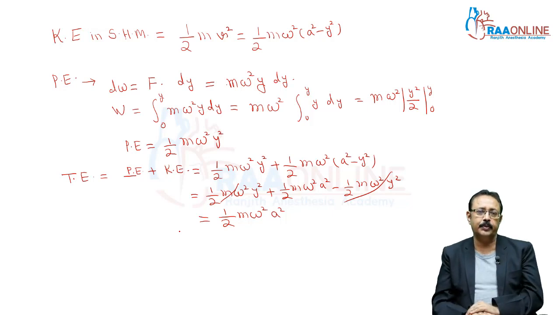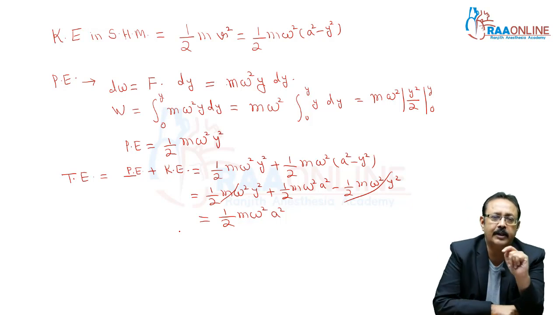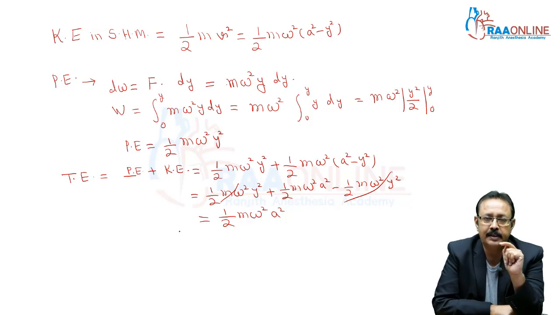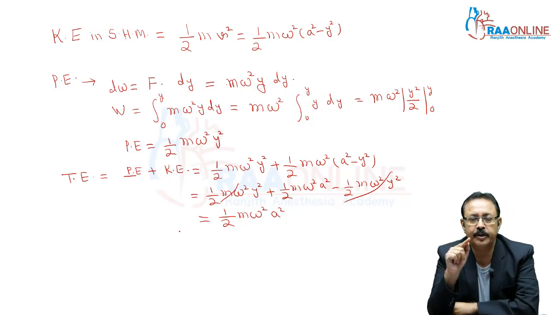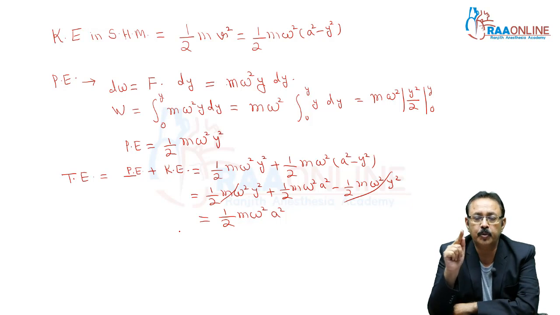So, they can ask you, if frequency of oscillation is n, what should be the frequency of kinetic energy or potential energy? In one oscillation, twice it is going to maximum and minimum. So, its frequency is double, means frequency of kinetic energy and potential energy should be 2n if frequency of oscillation is n.